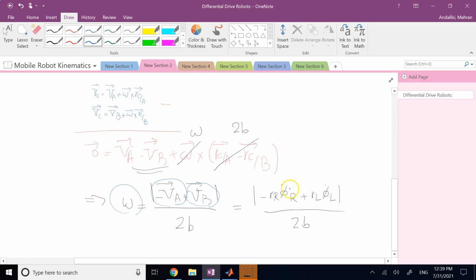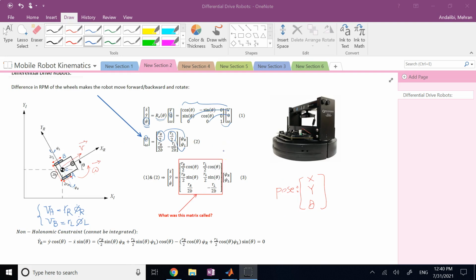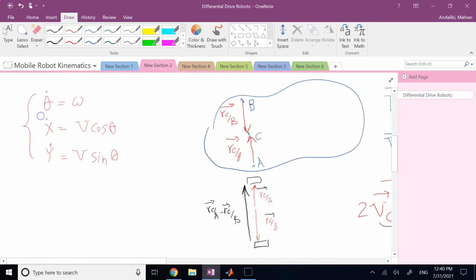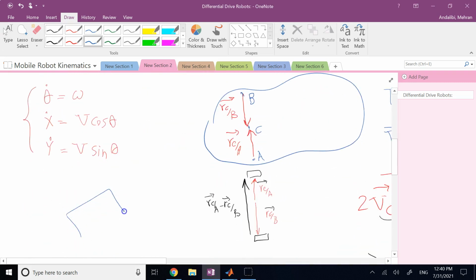Now the question is, which direction is the rotation? Well, it does depend on whether this entity is bigger or this entity is bigger, right? So to do that, we can look at here, see what happens. Well, if A moves faster, so this is your robot, and your right tire moves faster than the left tire, definitely your robot is needing to go counterclockwise, which is positive.